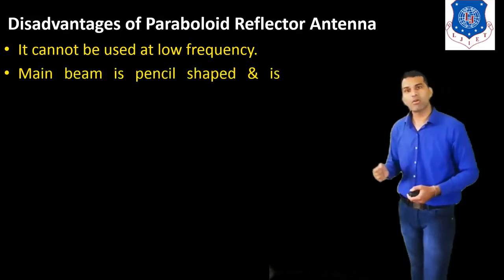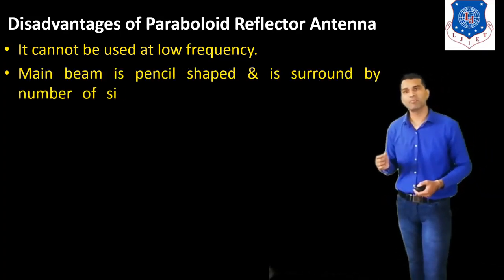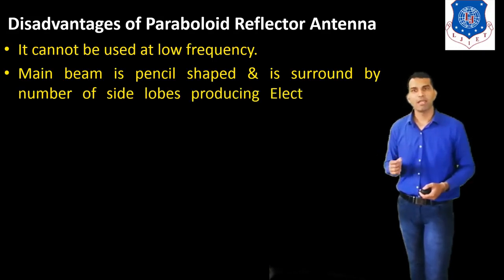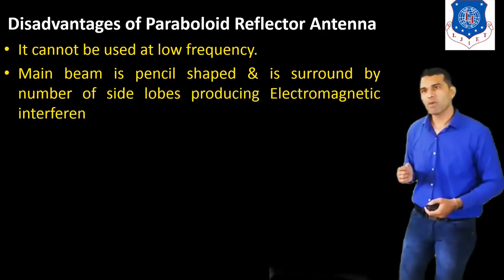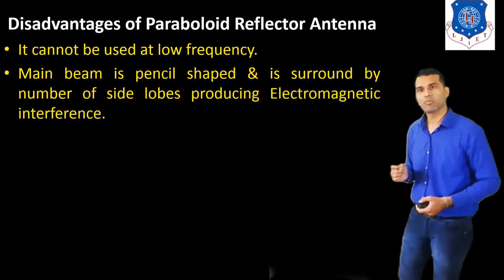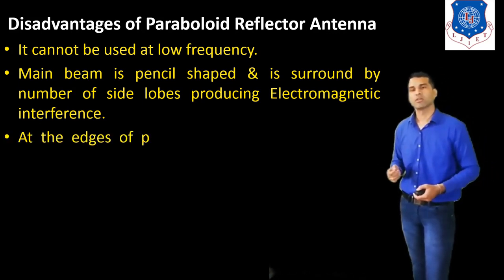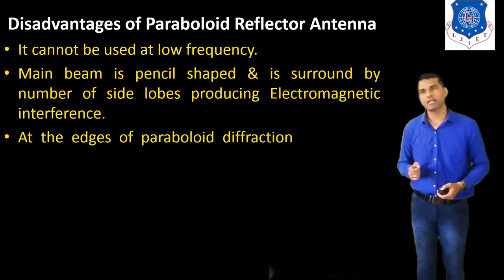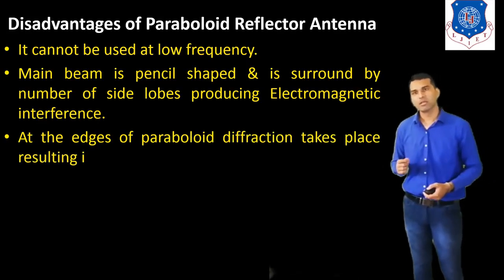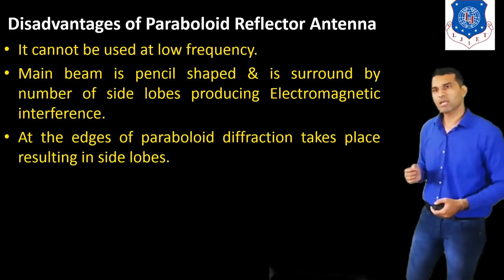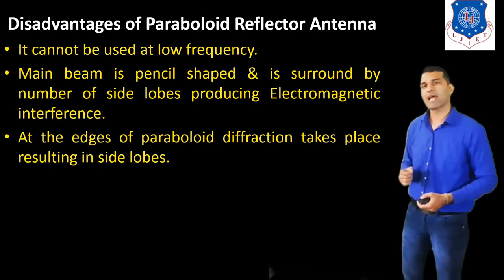The second disadvantage is that the main beam is pencil shaped and is surrounded by a number of side lobes, producing electromagnetic interference. The third disadvantage is that at the edge of the paraboloid, diffraction takes place, resulting in side lobes.